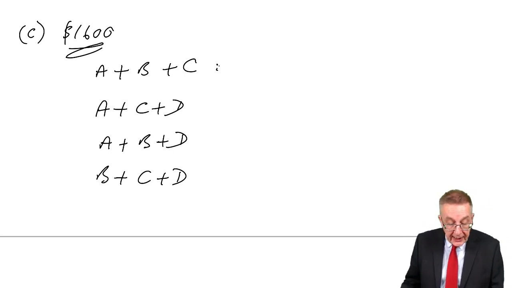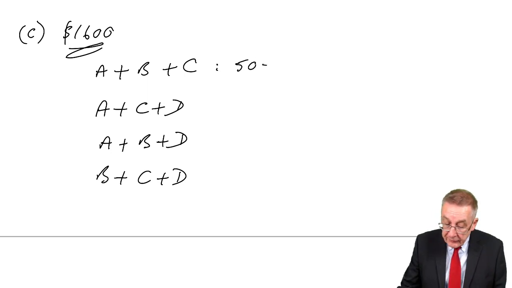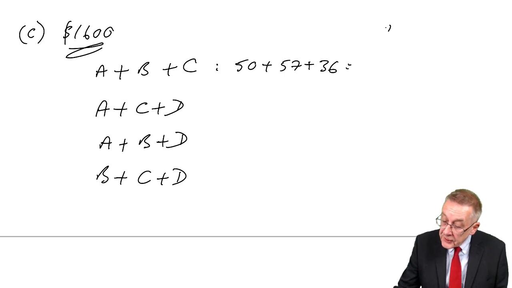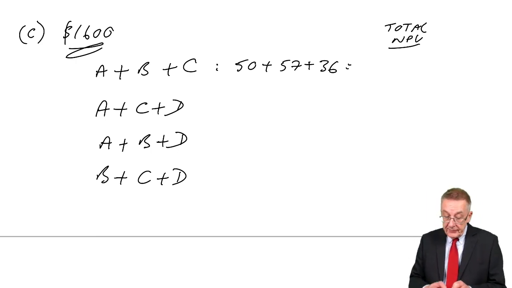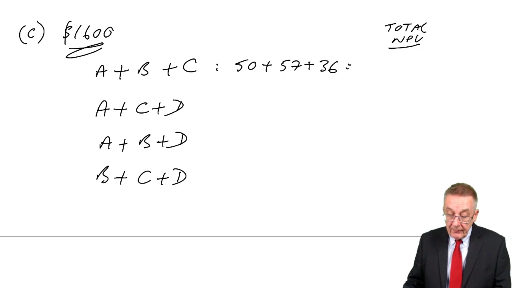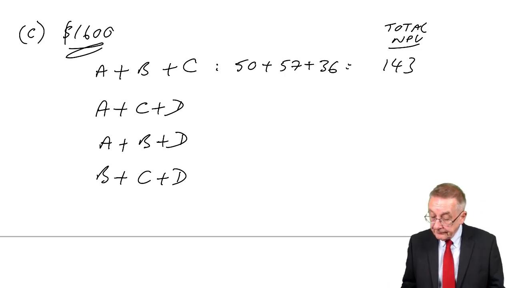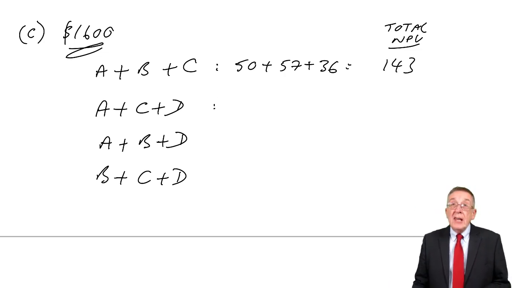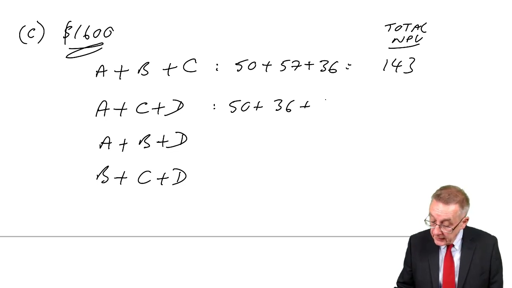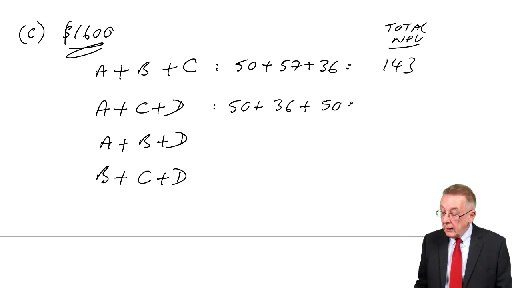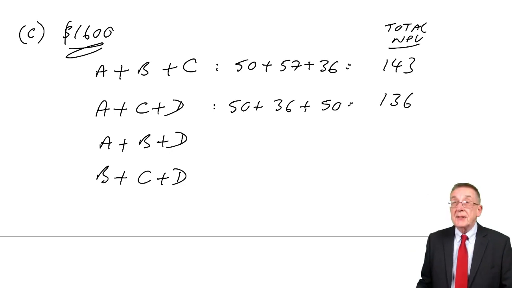If we do A, B, and C, we get 50 from A, 57 from B, 36 from C. So the total NPV, 50 plus 57 plus 36 is 143. If we do A, C, and D, A gives 50, C gives 36, D gives 50, so a total of 136.